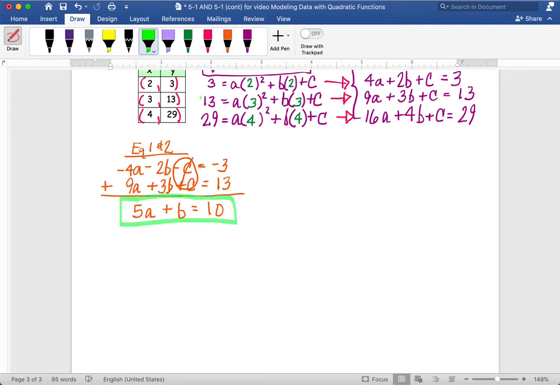I'm going to do the same thing, but this time with equations 2 and 3. So I'm going to eliminate c again. I'm going to multiply equation 2 by negative 1, so that's negative 9a, right? Because I need to make the c's opposite.